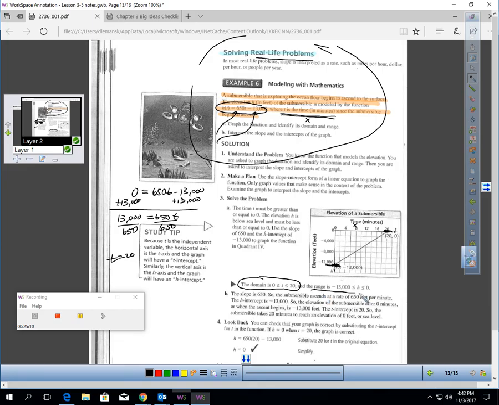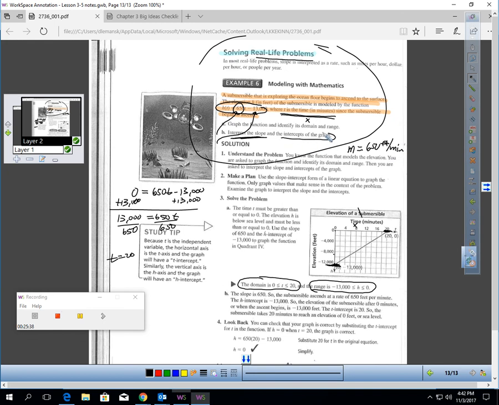That's why the range is from negative 13,000 for h up to 0. The slope, interpret the slope. What's the 650 mean? That means we are increasing 650 feet per minute. That's what 650 represents, 650 feet per minute. So when they say interpret the slope, it is 650 feet per minute.